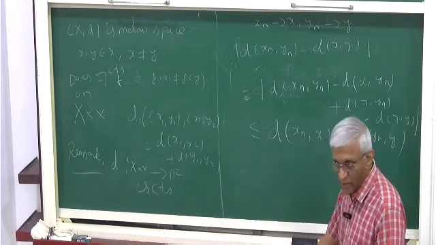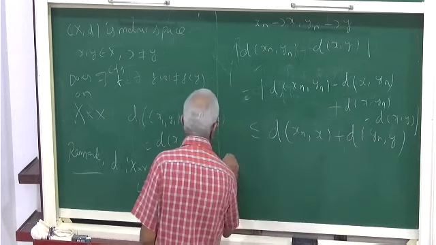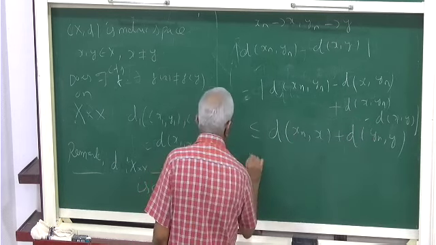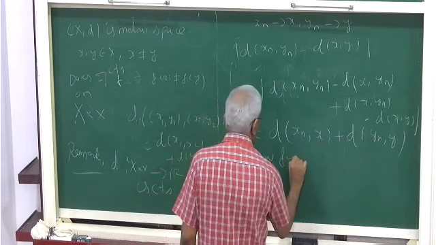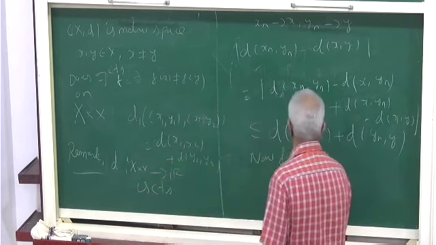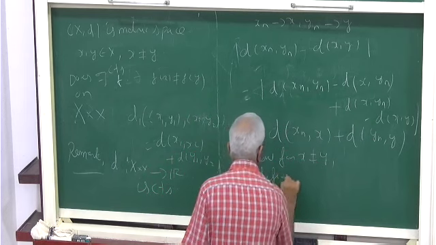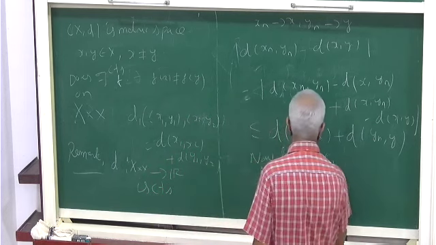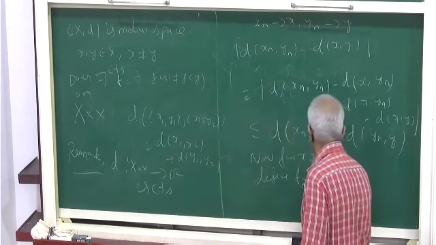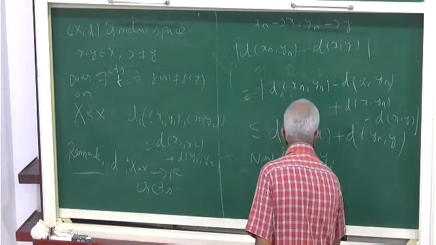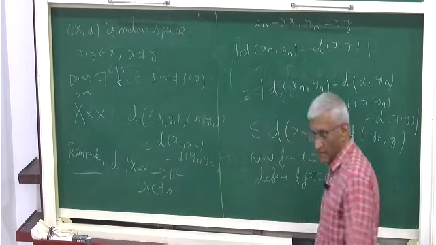So a metric is continuous. Now for x not equal to y, define f_y, a function which depends on y, with f_y(x) equal to d(x, y).